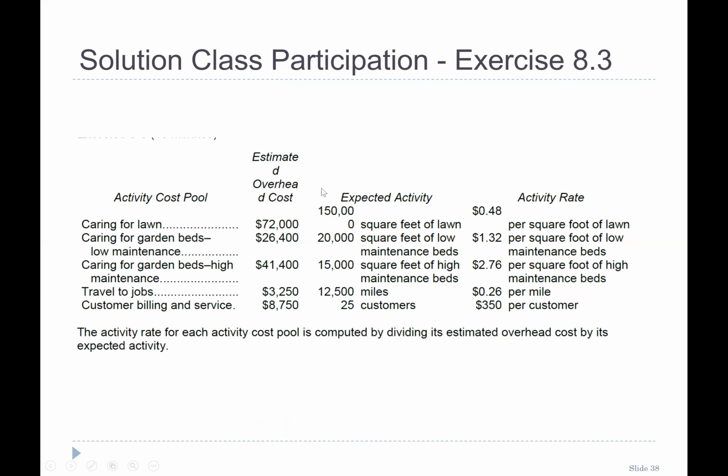The activity rates for caring for lawn and caring for garden beds are 0.48, 1.32, 2.76, 0.26, and $350 for customer billing and services, right? Please compare your answer. If you have any problem, you can message me, or if you are in our live session, you can ask the question as well.